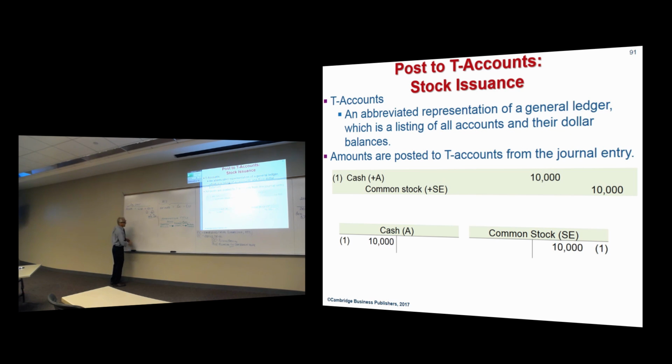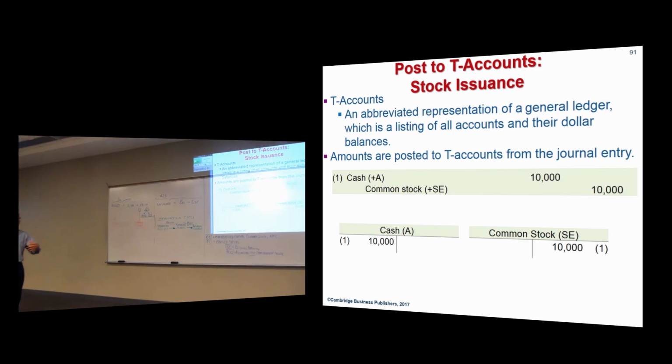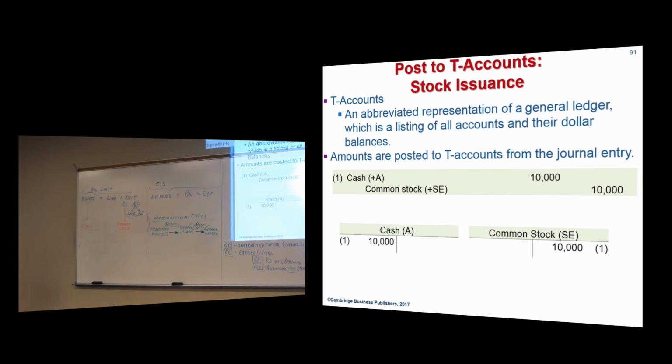We said that we had a transaction when you started your business, you raised some capital with an initial public offering of $10,000. So you increased the capital stock and you increased cash.